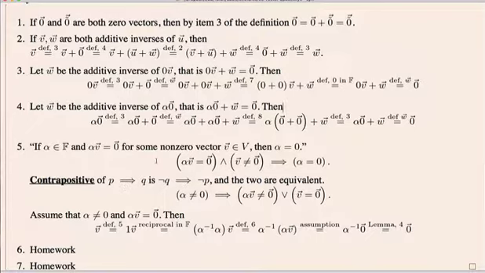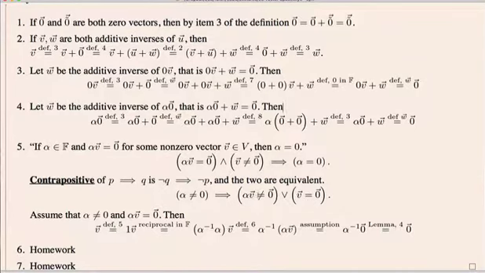Writing down the contrapositive of this statement, then we have to negate alpha equals 0, that's alpha is not 0, and then this is supposed to imply the negation of this AND statement, which is an OR statement with the negation of this equality and inequality. So that means we get that alpha times v is not 0 or v equals to 0.